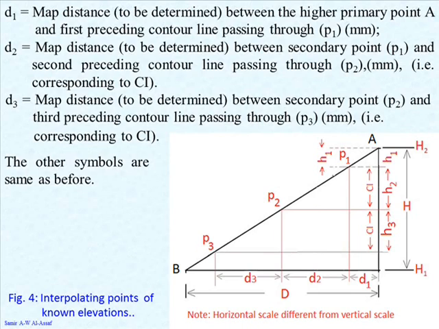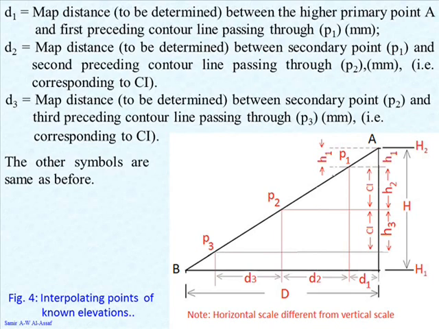Small d sub 1 equals the map distance, which is to be determined, between the higher primary point A and the first preceding contour line passing through P sub 1 in millimeters. Small d sub 2 equals the map distance, which is to be determined, between secondary point P sub 1 and the second preceding contour line passing through P sub 2 in millimeters.